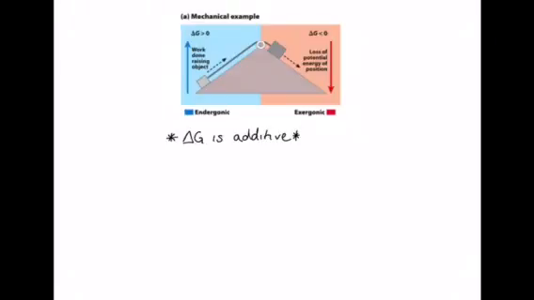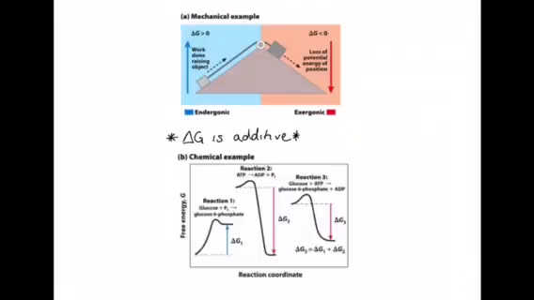Now let's look at a chemical example. If we couple an unfavorable reaction, such as reaction 1, the synthesis of a biomolecule, specifically glucose 6-phosphate, to a favorable reaction, such as reaction 2, which is the hydrolysis of ATP, when we couple these two reactions, their delta Gs are additive. Reaction 1 is endergonic.